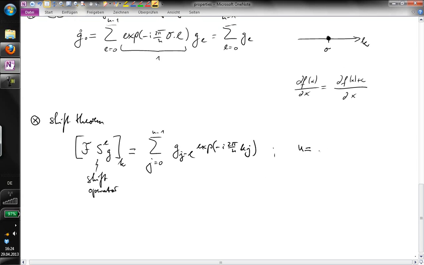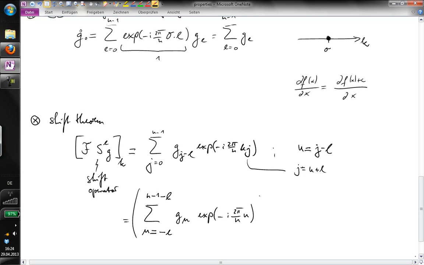So I'm creating a variable u, which is given by j minus L. Now I'm inserting that this j here is given by u plus L, multiplying the whole thing with that.